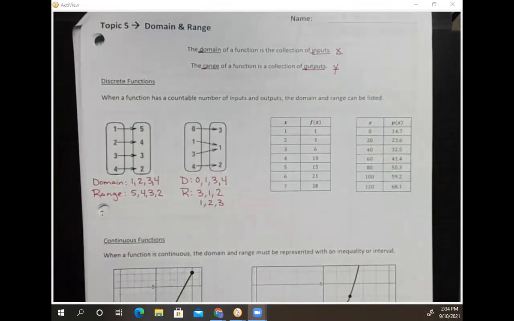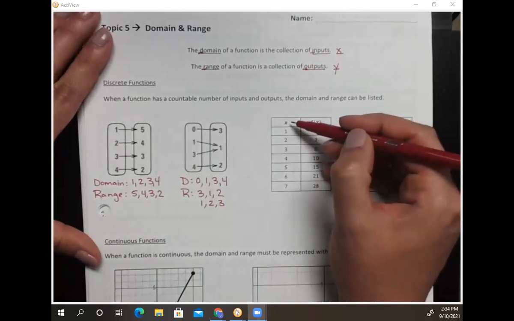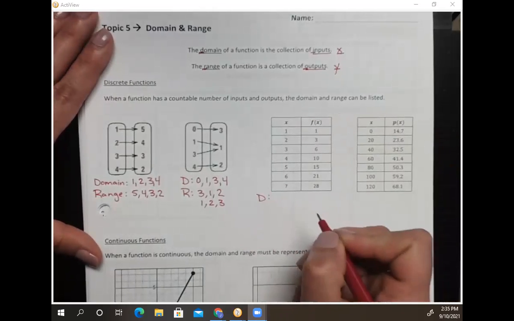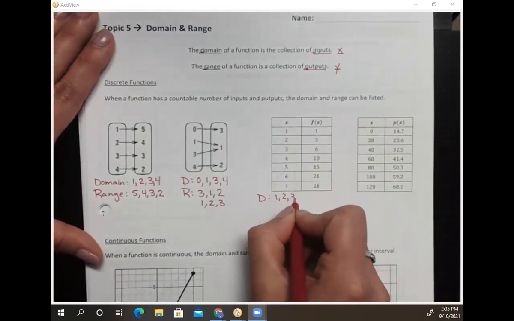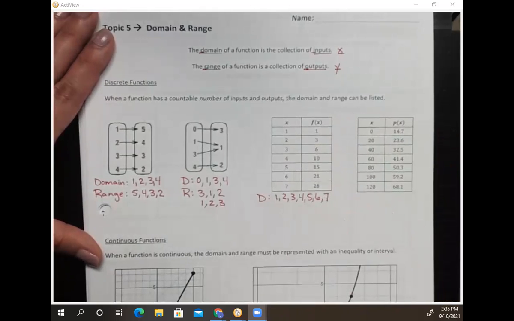A table is another way that we could organize information that we get from some sort of function. So our X values would be our domain. So our domain for this table would be all of these values, 1, 2, 3, 4, 5, 6, and 7.